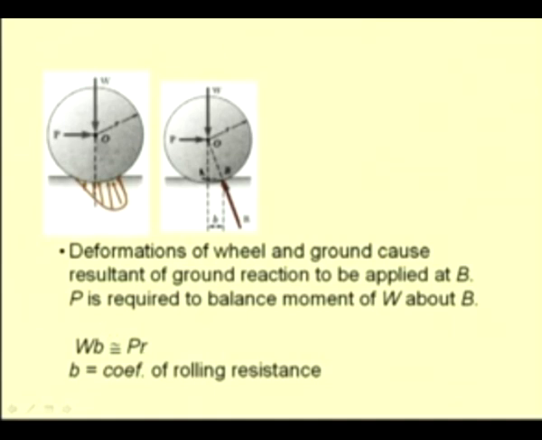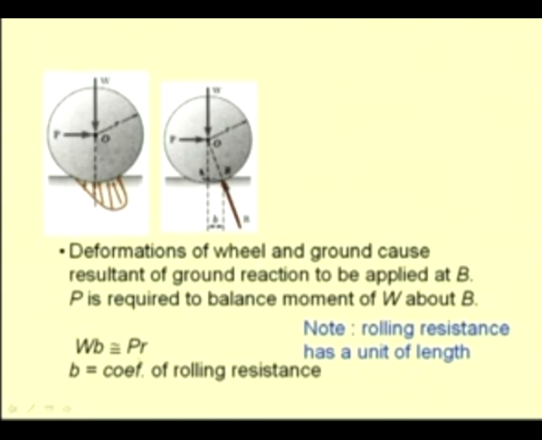So, if the surfaces of contact are deformable, then we need to have this force P in order to keep this wheel in the rolling condition, and this distance b to which this reaction R has displaced from the vertical is known as the coefficient of rolling resistance, and we can easily see that this has a unit same as the unit of length.